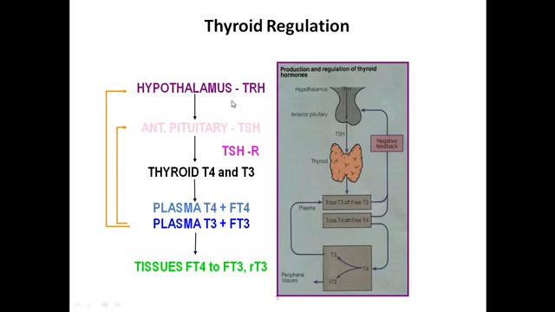If we know the basic physiology, if TRH is increased, TSH will be increased, T4 and T3 will be increased. On the other hand, if T3 and T4 are decreased, TRH and TSH increase. So there are two different formulas.